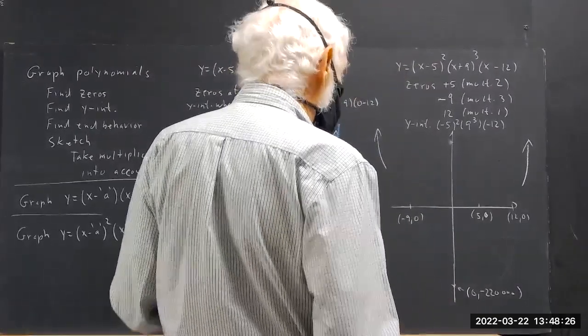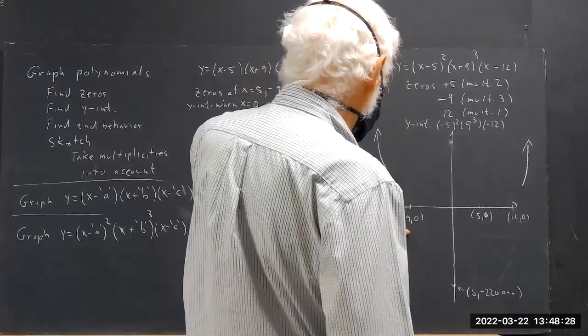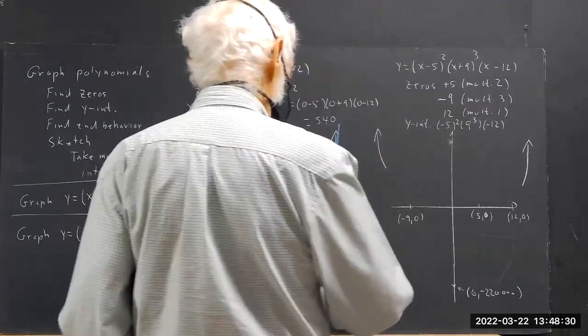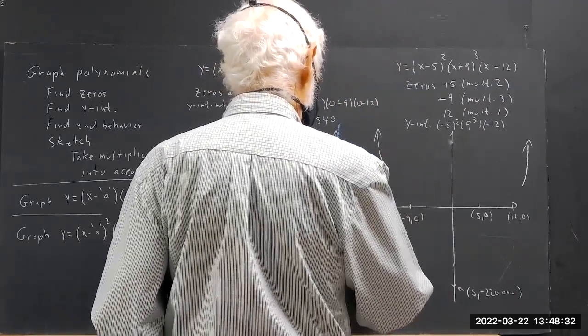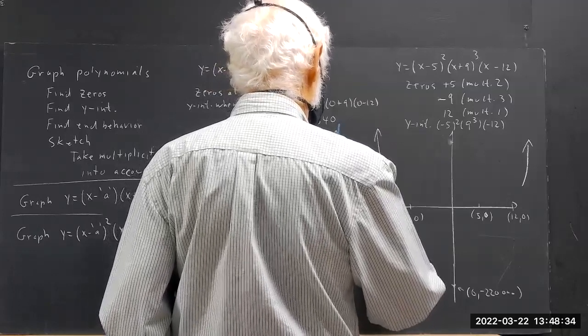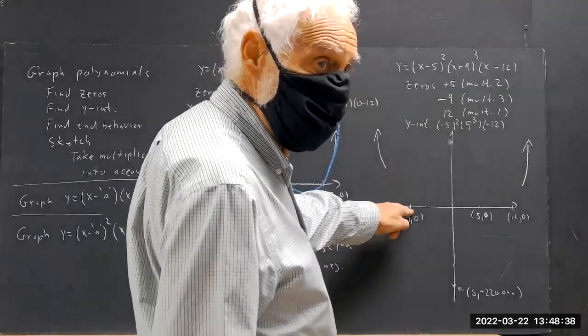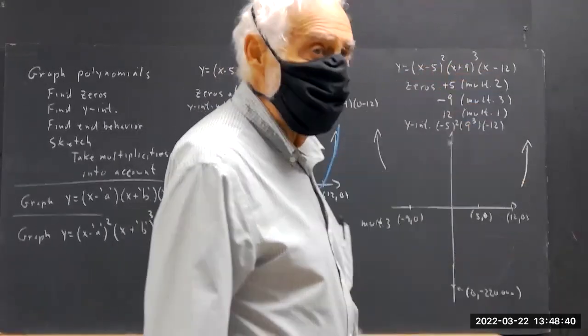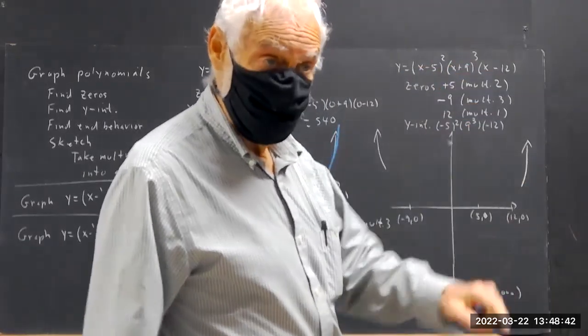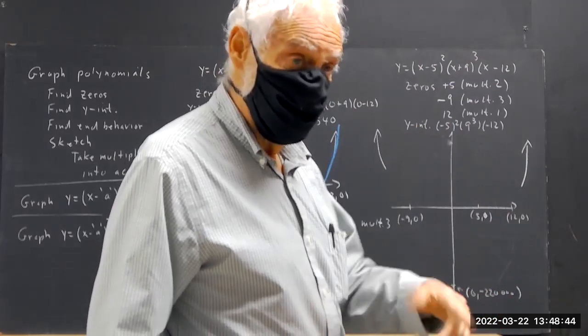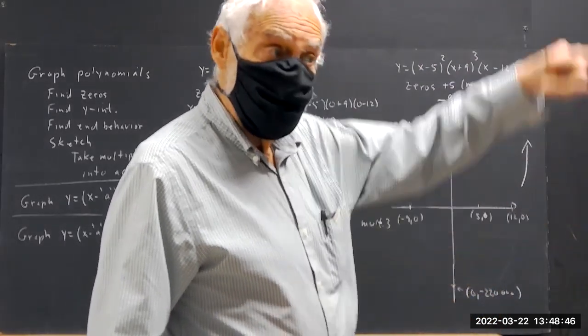Okay, now at this point, the degree is 3. This means that at this point, this acts like the graph of x cubed does at the origin. What does x cubed do at the origin? Well, it comes up, it levels off, it goes on, right?